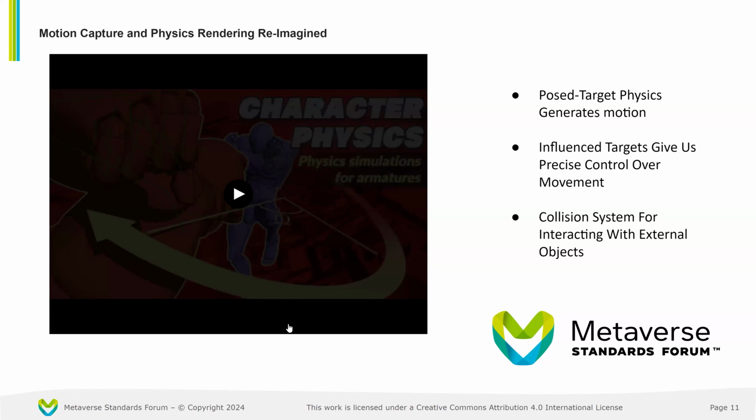A character would tend to just fall over unless you have some way of stabilizing it. So the influence targets do that. It allows you to override what would naturally happen with the physics. And with the collision system, you can set the friction and collision margins and things around the different parts of the character rig. Working with those three concepts as I was developing it gave me basically the best results. The video is sort of a demo of these three ideas.